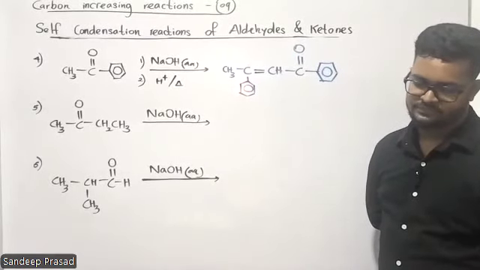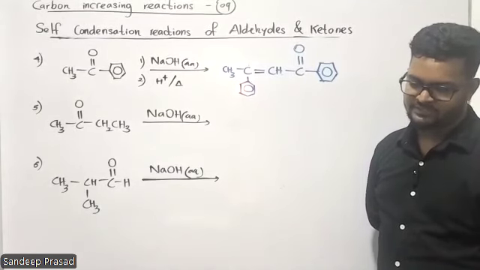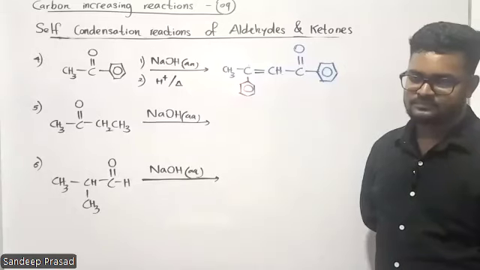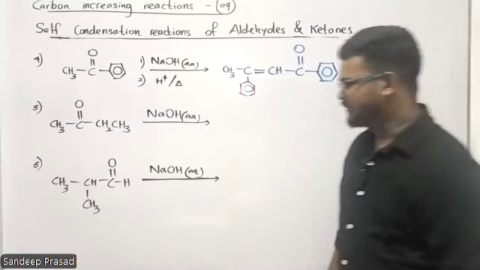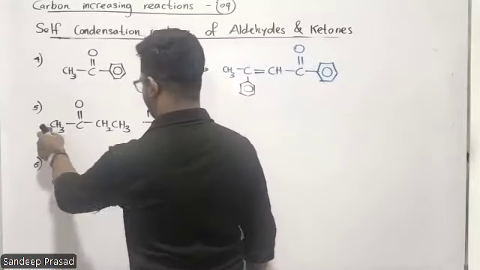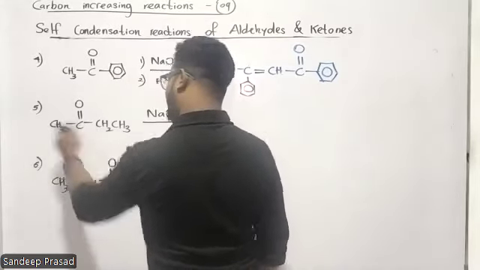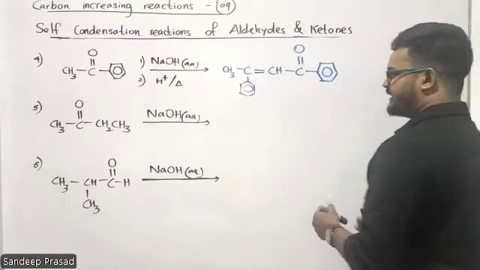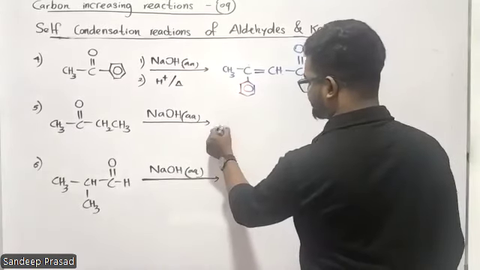What do you think? Why is it so? Students, I told you that both of them are alpha carbons, right? Both are alpha carbons. So interestingly, here you can obtain two products.